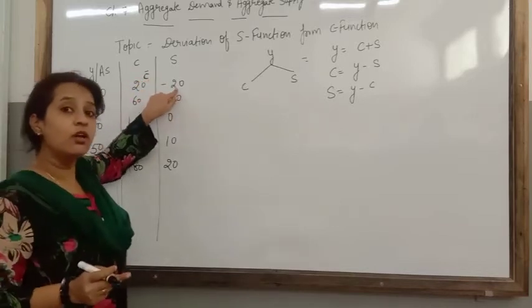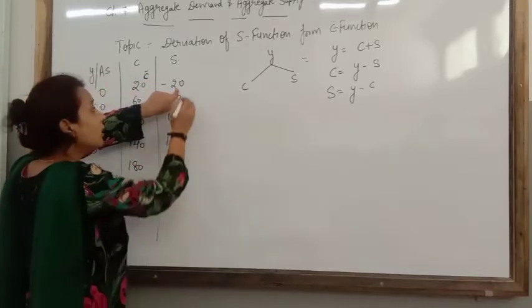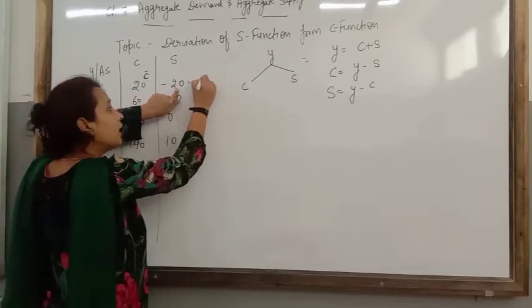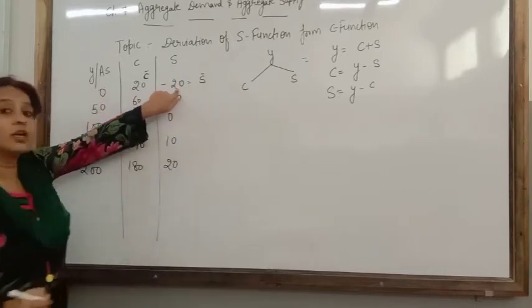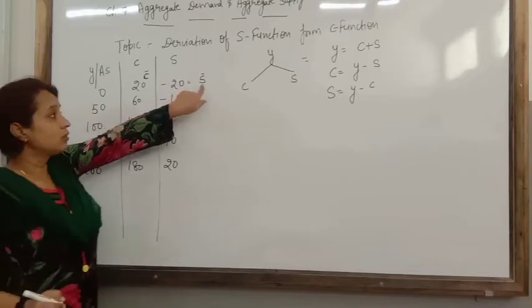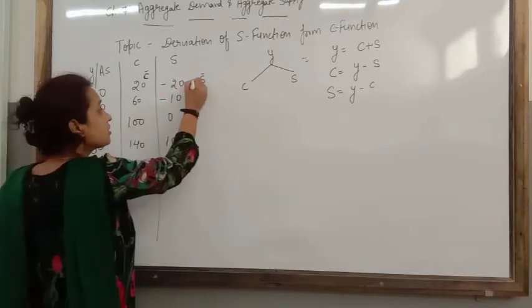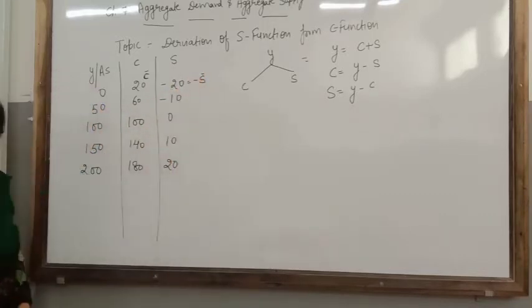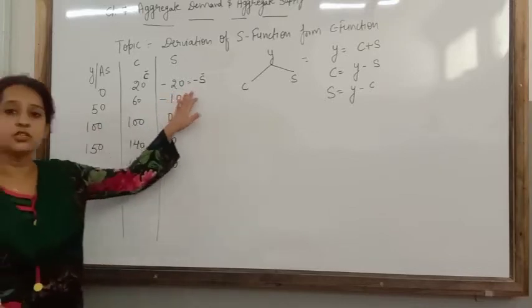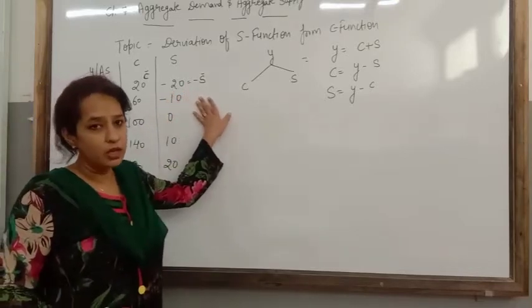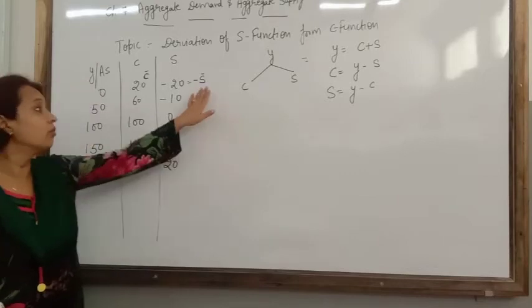And when C bar is there, how are we going to denote the saving? S bar, with a minus sign. Clear? This is known as a situation of dissaving. It means saving is negative. Clear?